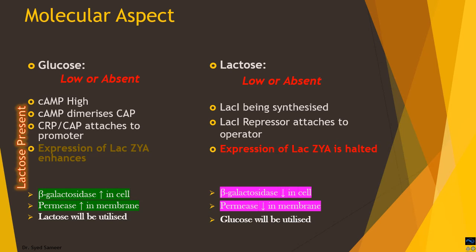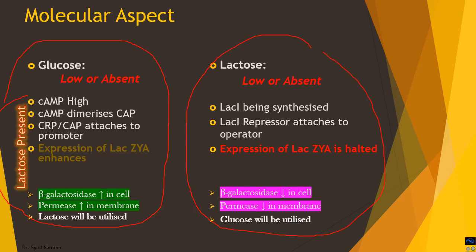So this also happens when lactose is present and glucose is absent, and this model will happen when lactose is low or absent and glucose is present. So this is the molecular aspect of it.